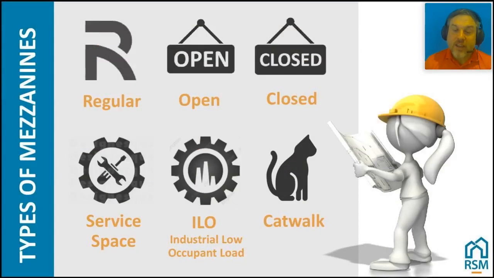What I've done is I haven't really touched on the arena and the theater mezzanines, although the ideas are quite similar. When we were going through this presentation, we wanted to keep it as concise as possible, and we also wanted to deal with the types of mezzanines we're most often dealing with.